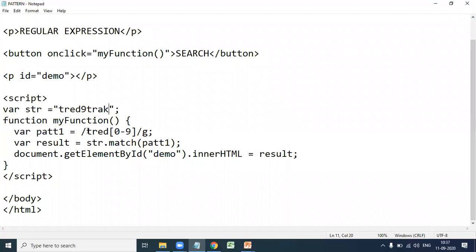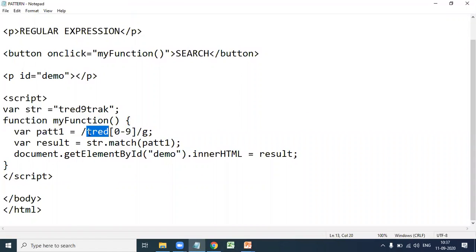Let us see the output. The pattern is TRE followed by one digit from 0 to 9. Suppose the string has 9, it matches, so the match is TRE9.